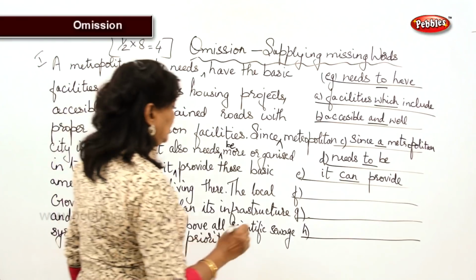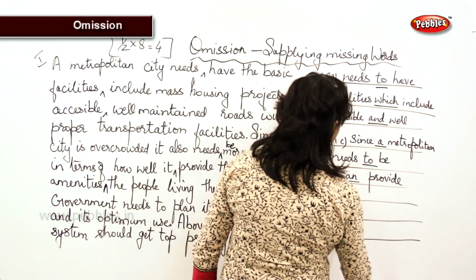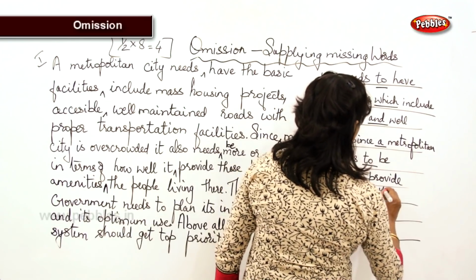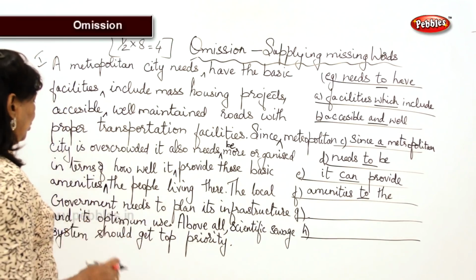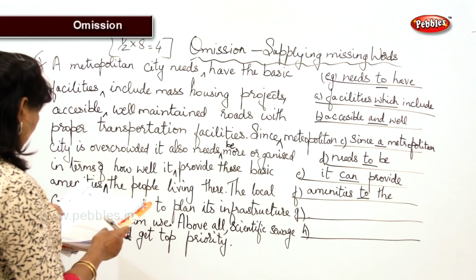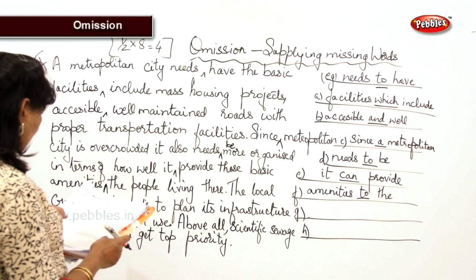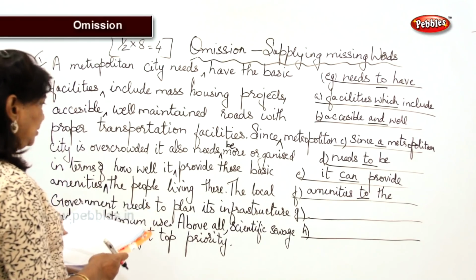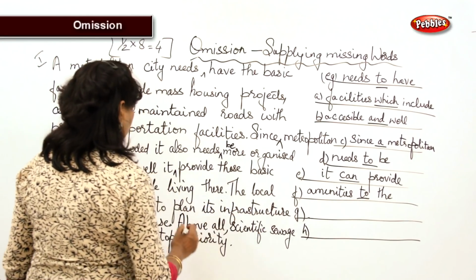So, to the people living there. The local government needs to plan, no, needs to plan out the, needs to plan out its infrastructure.